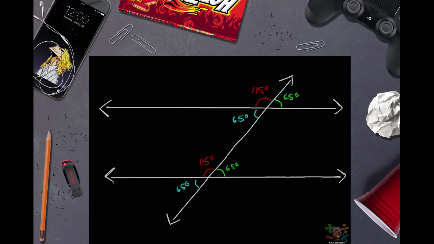And last, and certainly not least, the other angle. This is also 115 degrees. Almost messed up. This is also 115 degrees right here. And how do I know that? It's vertical to that.